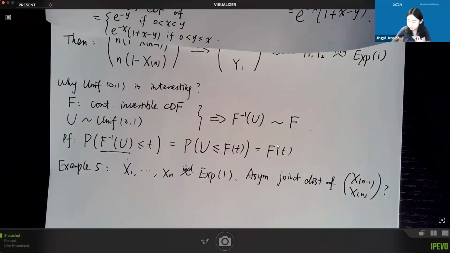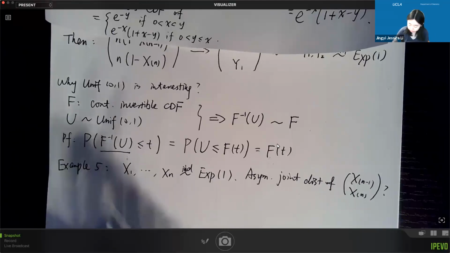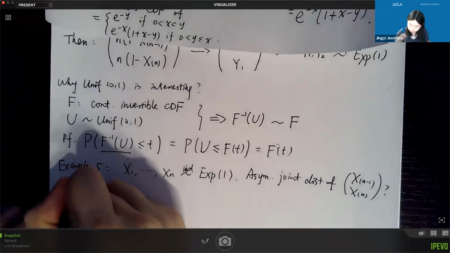So we want to basically apply what we know of uniform, and then we transform the uniform to be exponential 1. That's the idea. In order to do that, we need to derive what F inverse is.